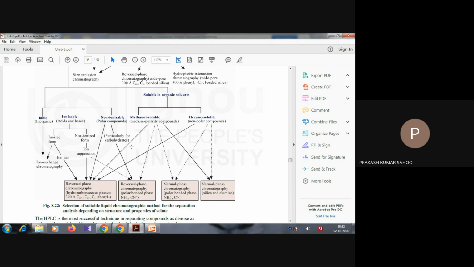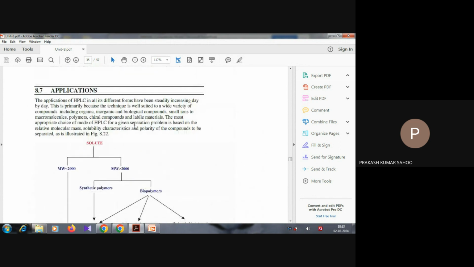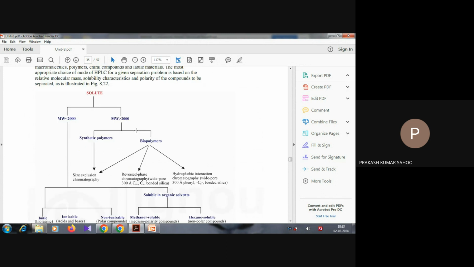For methanol, again the reverse phase, and this is the reverse phase with the polar, normal phase chromatography with silica and alumina. Then for the same thing, it is the hexane one. So this is how to select which chromatography is more or less applicable to your sample.